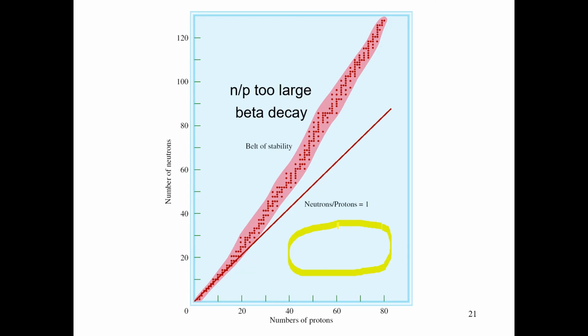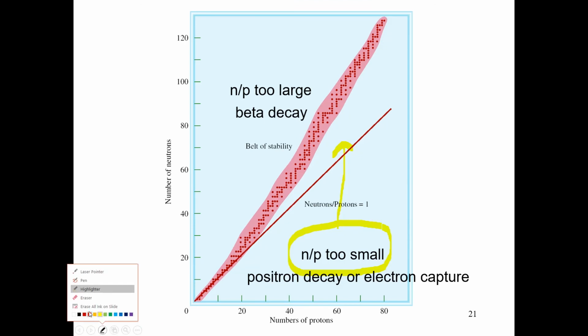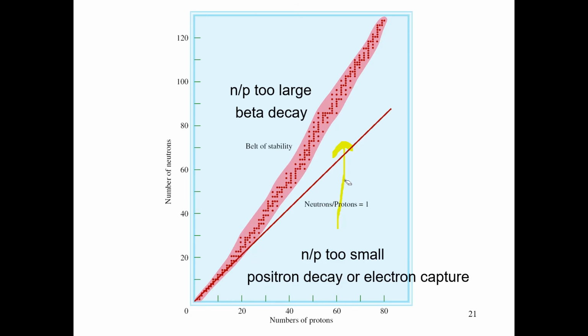So the event that would favor its conversion would be one that increases the number of neutrons and decreases the number of protons. What kind of event would that be? Correct. If the ratio of neutrons to protons is too small, you would expect something like a positron decay or an electron capture. So for many situations, you can probably predict the type of decay that an unstable isotope is going to have.